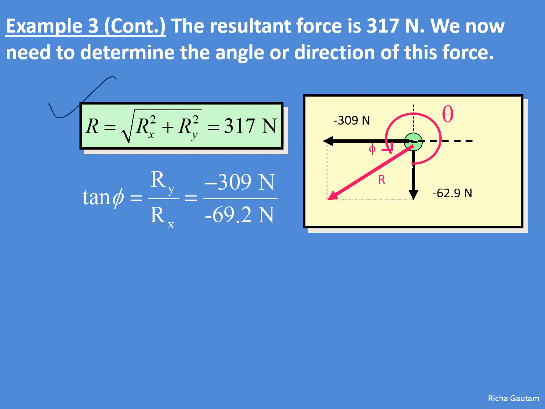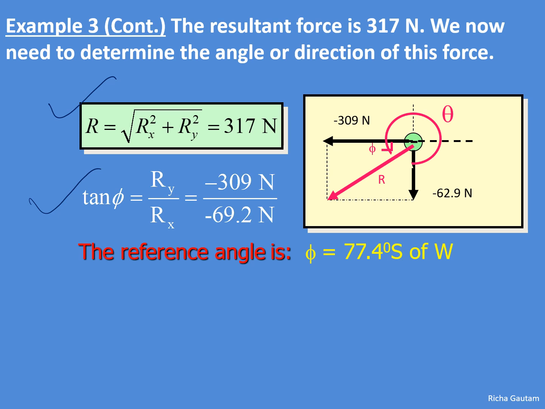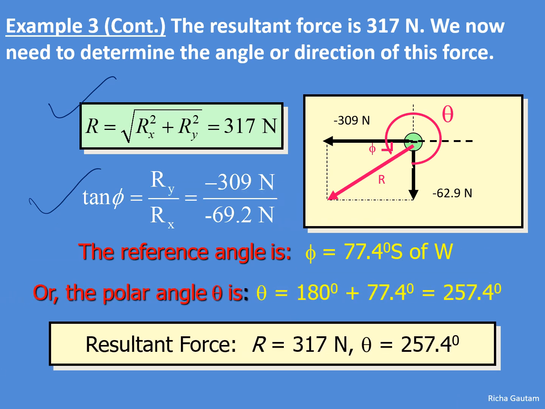So you got the magnitude and the direction of the vector as well. This is the total resultant force acting on the charge which was situated at this point.